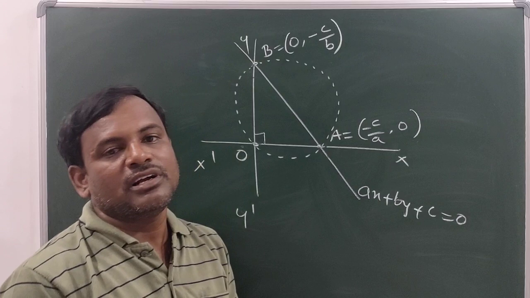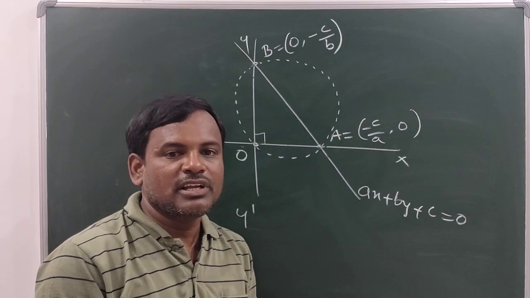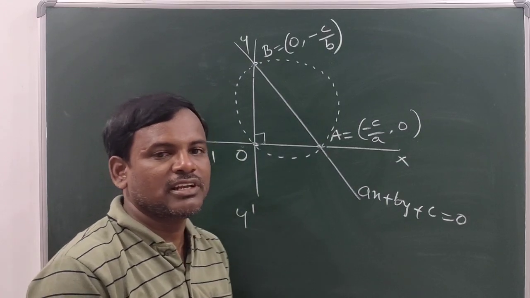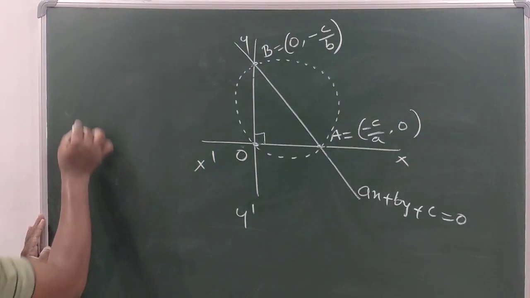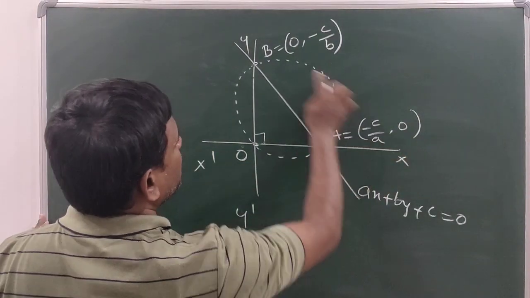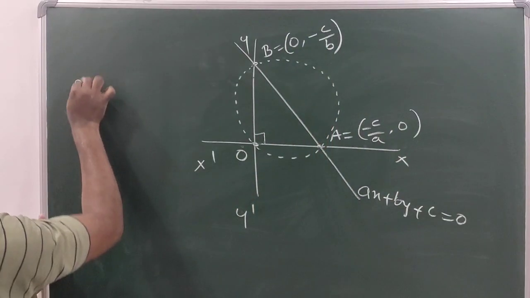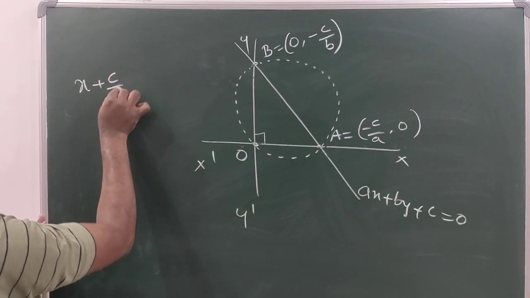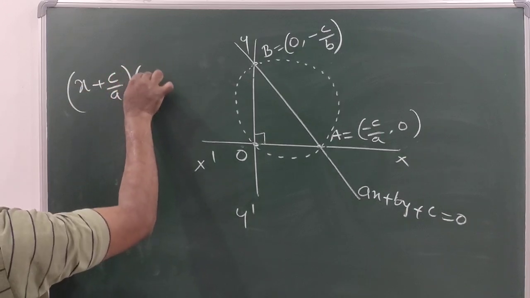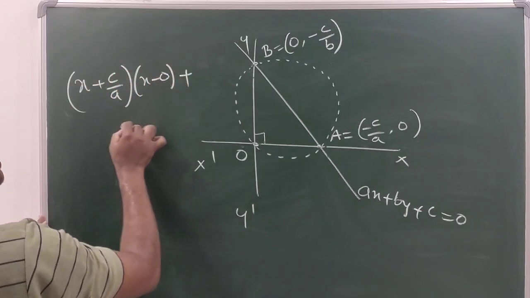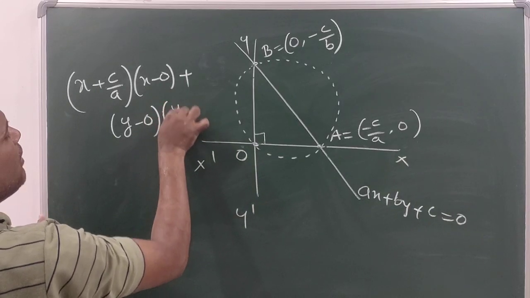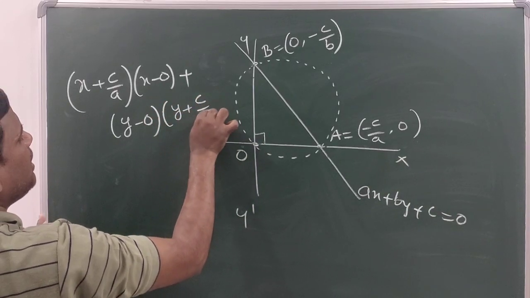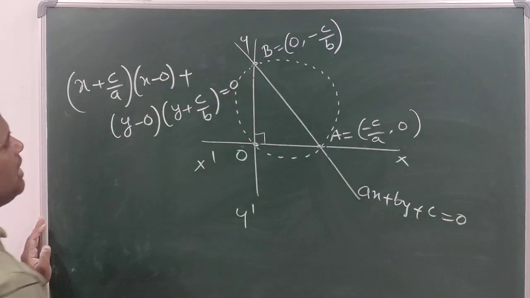You know, just now we learnt the equation of a circle when the extremes of the diameter are given. Apply that. Let the points be x1 y1, x2 y2. So x minus x1, here x plus c by a, into x minus 0, plus y minus y1, y minus y2 plus c by b, equal to 0 we will get.